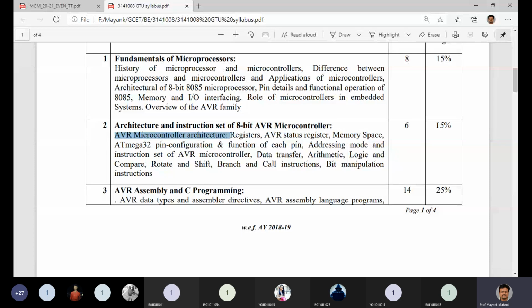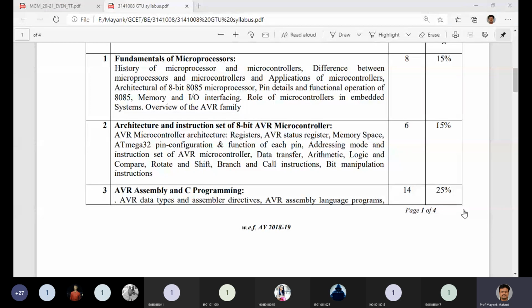Its registers. Registers are nothing but... I think all of you have studied registers in your digital electronics subject. Can anyone tell me what you mean by a register? Let me talk to number 22. Hello, 22 number, are you there? Yes, sir.